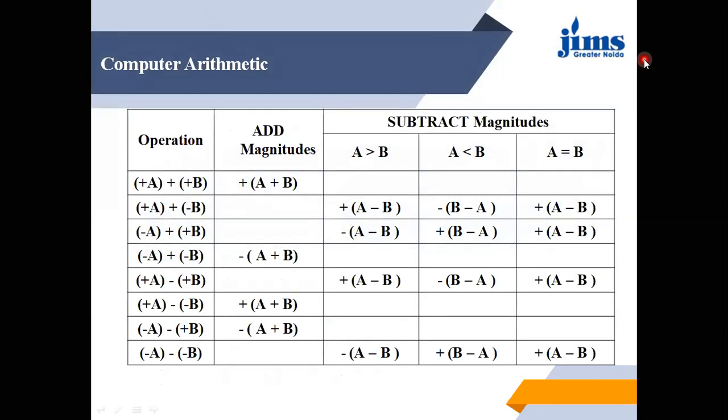From this table, we can see that in the case of addition, there are four cases we discussed last time. In these, both numbers are positive, both numbers are negative, or one number is positive and one is negative.